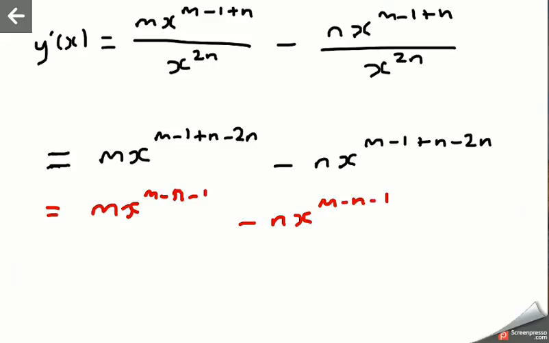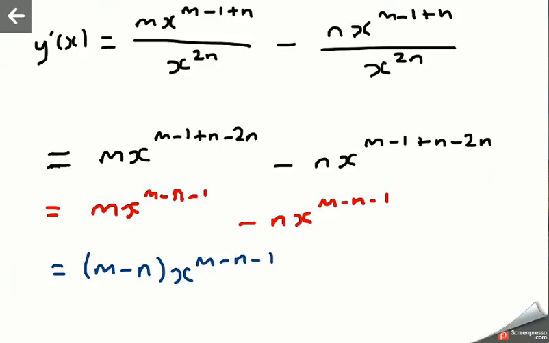And finally, let's factor out x to the power of m minus n minus 1. Factoring that out, we get m minus n times x to the power of m minus n minus 1.